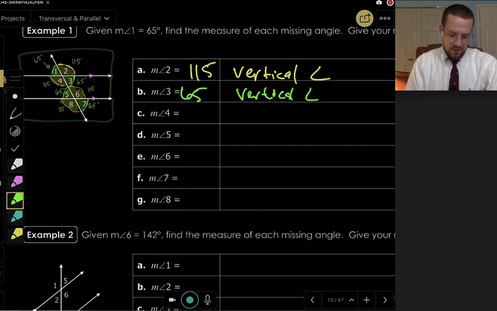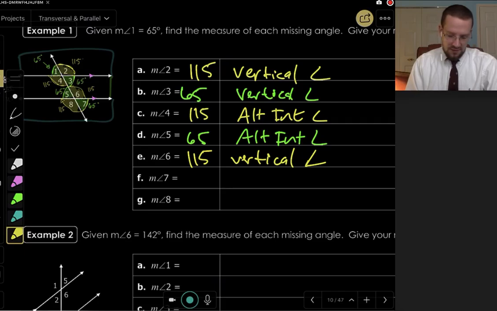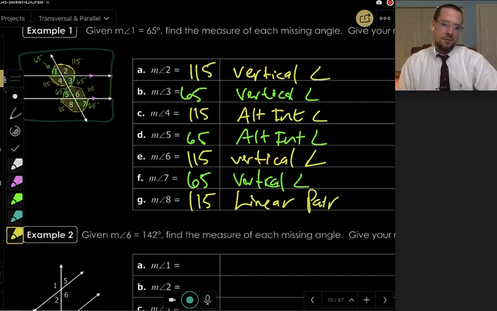Number 4 we found 115, and this was from alternating interior angles. 5 was also from alternating interior angles. 6 we found from a vertical angle because we went from 6 to 8, so this is 115. This was a vertical angle. 7 was a vertical angle as well. And then 8, finally, this is 115, and we found this using a linear pair, the property of a linear pair, because this was supplementary.